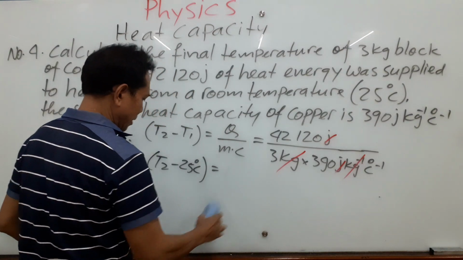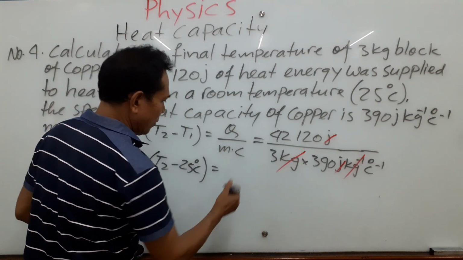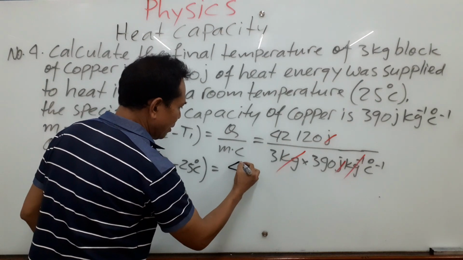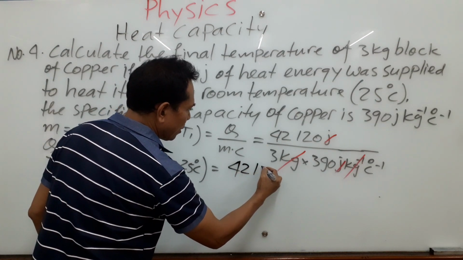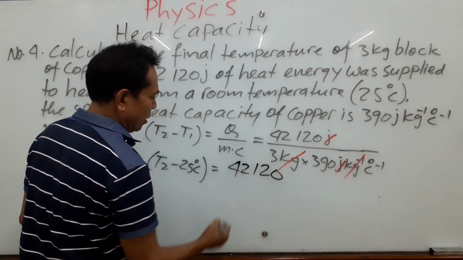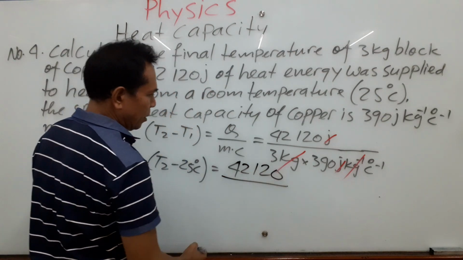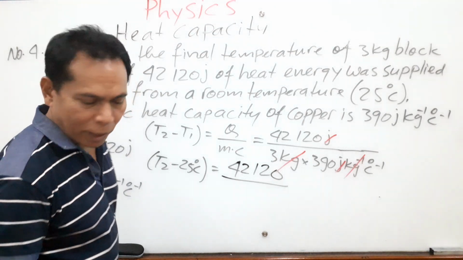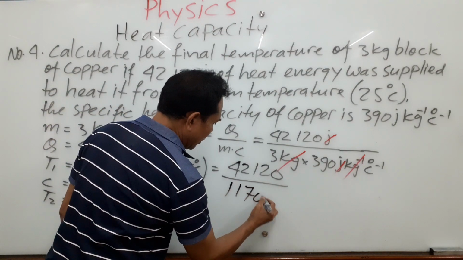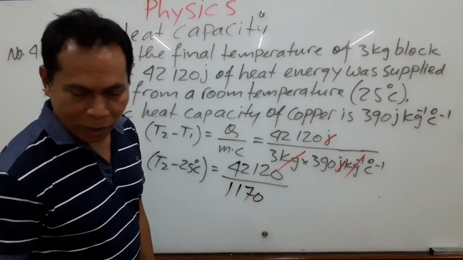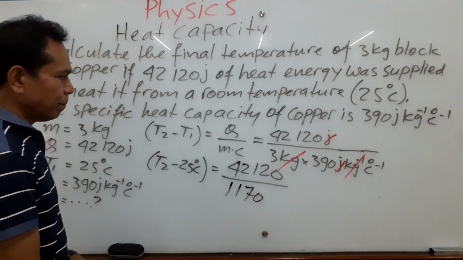What am I doing? We bring this down. 42,120 over 1,170. Okay.